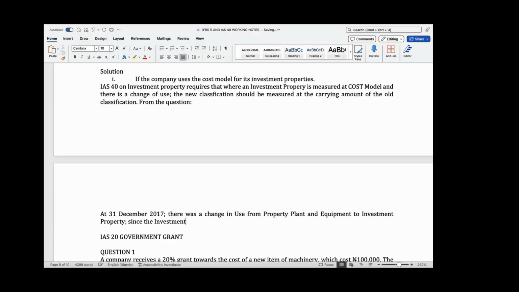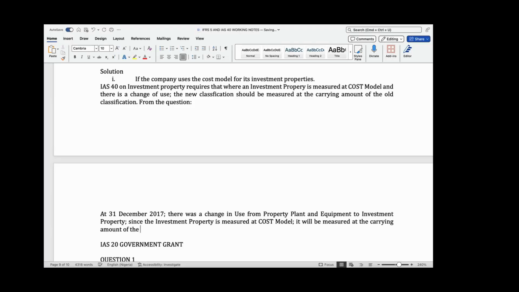Since the investment property is measured at cost model, it will be measured at the carrying amount of the PPE at the date of change of use, which is 31st December 2017. And this is calculated as below.